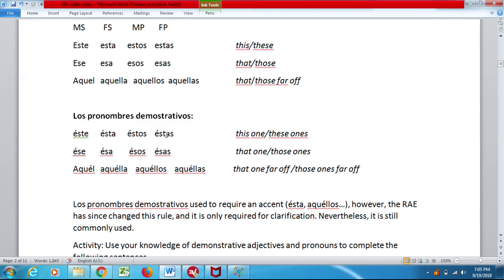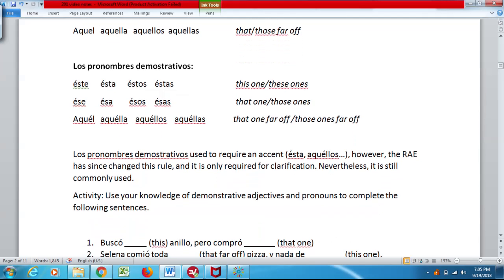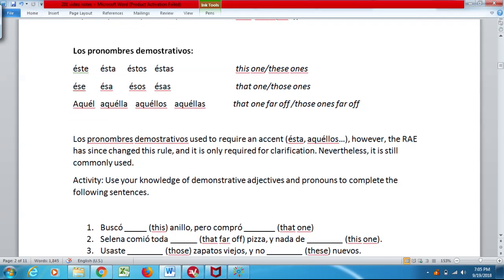We have, in the same categories, masculine singular, feminine singular, masculine plural, and feminine plural on that curve. Este, esta, estos, and estas as this one or these ones. Ese, esa, esos, and esas for that one or those ones. And aquel, aquella, aquellos, and aquellas as that one far off or those ones far off.